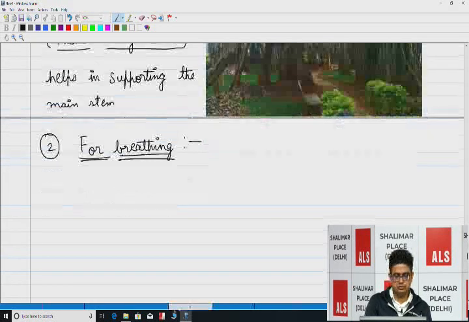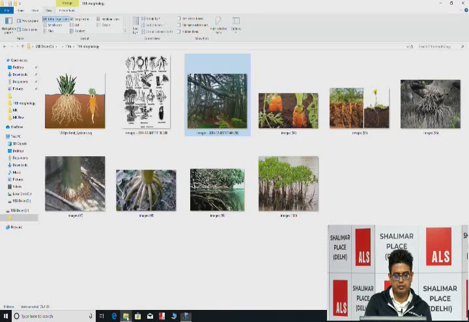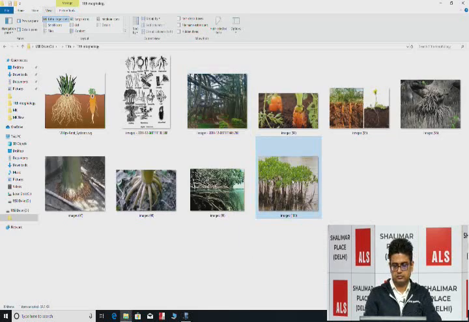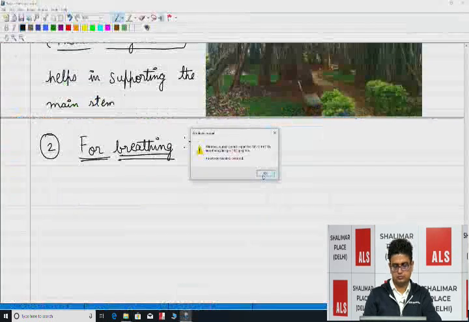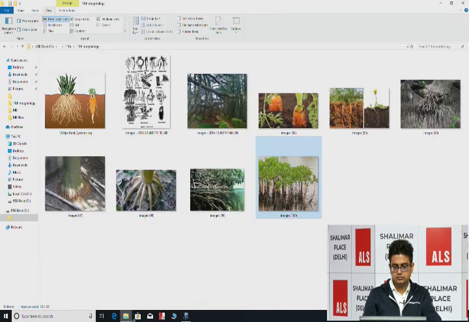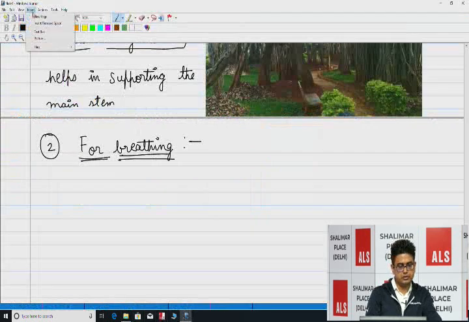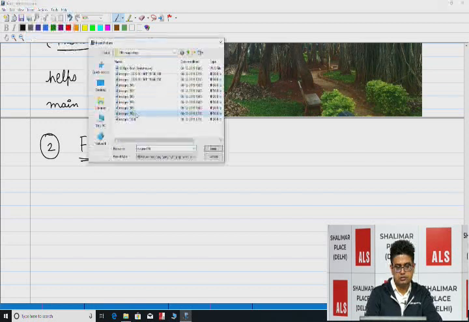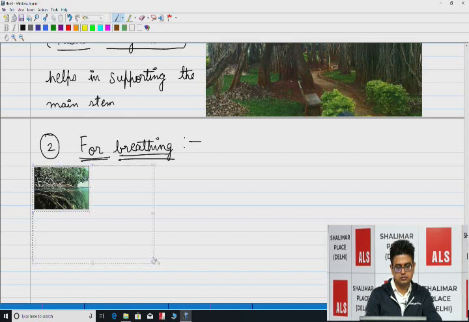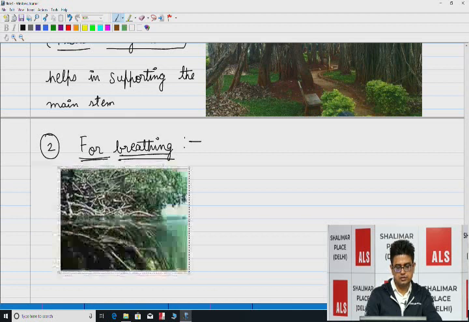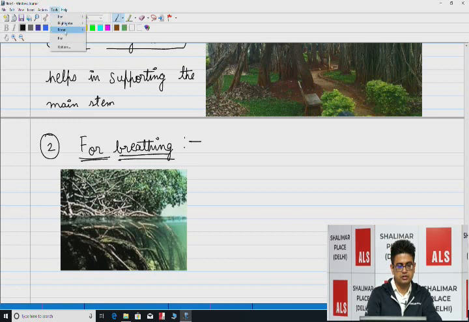So I'll help you remember all that. Okay, let me insert some pictures here. It's not very high resolution, but you must get the idea. That's what I expect.